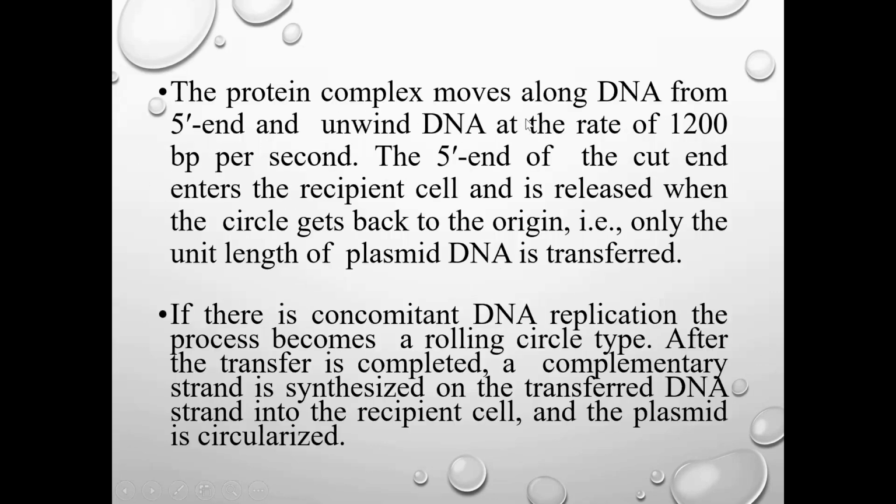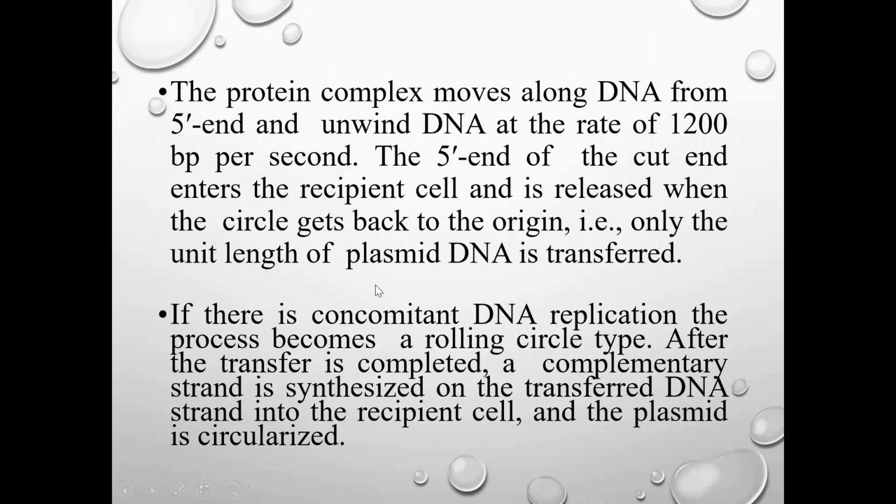This protein complex moves along with the DNA. This protein may also be called the relaxase protein. The 5 prime end of the cut strand enters into the recipient cell and is released when the circle gets back to the origin.